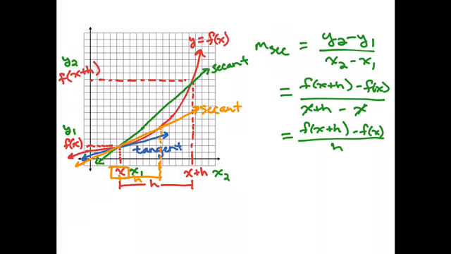So since I can't, at the tangent line, find a second point to put into the slope formula, what we can do is take the limit of this as h goes to 0. And that's going to give us the slope of our tangent line.